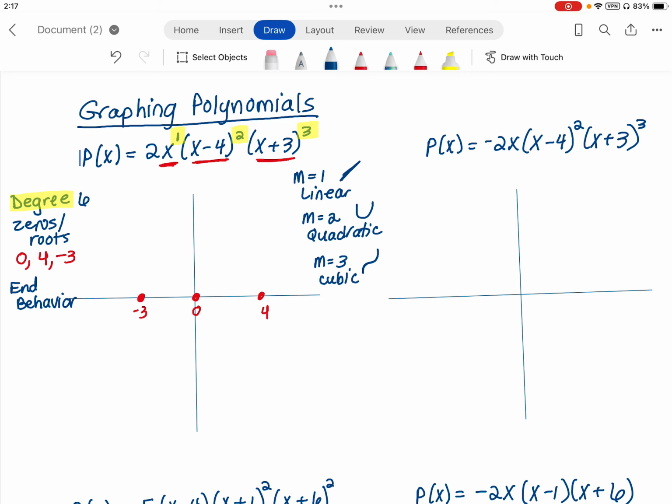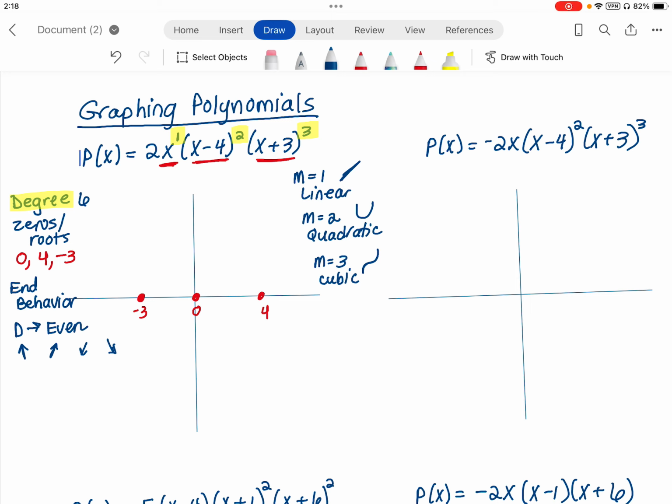So we're thinking about our multiplicities at each of the roots, and then we also need to think about our end behavior. Okay, now our end behavior, since I have a degree that is even, okay, because 6 is an even number, that tells me that either my graph is going to be going up on each end of the graph, or going down on each end of the graph, okay?